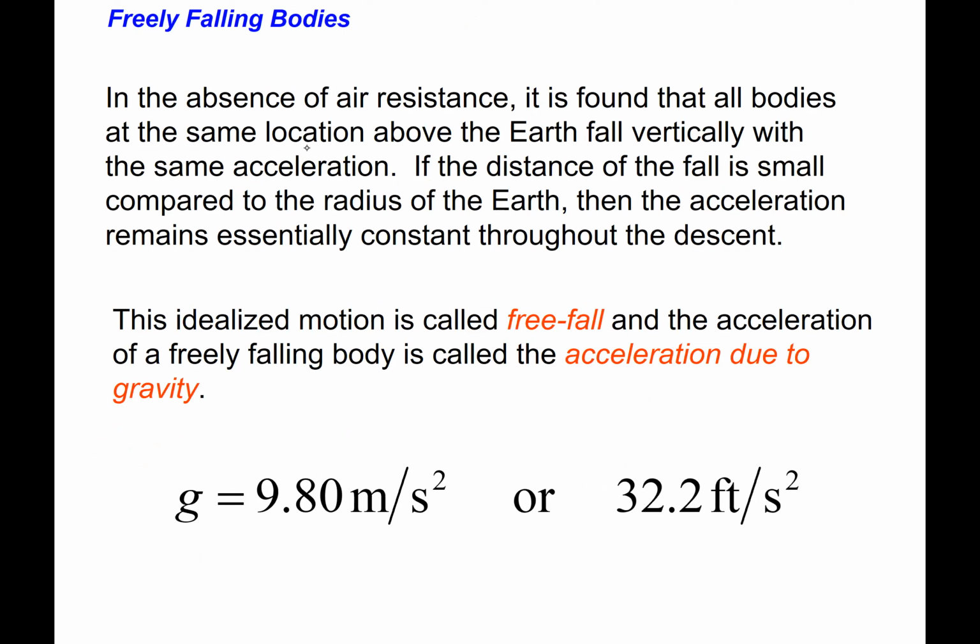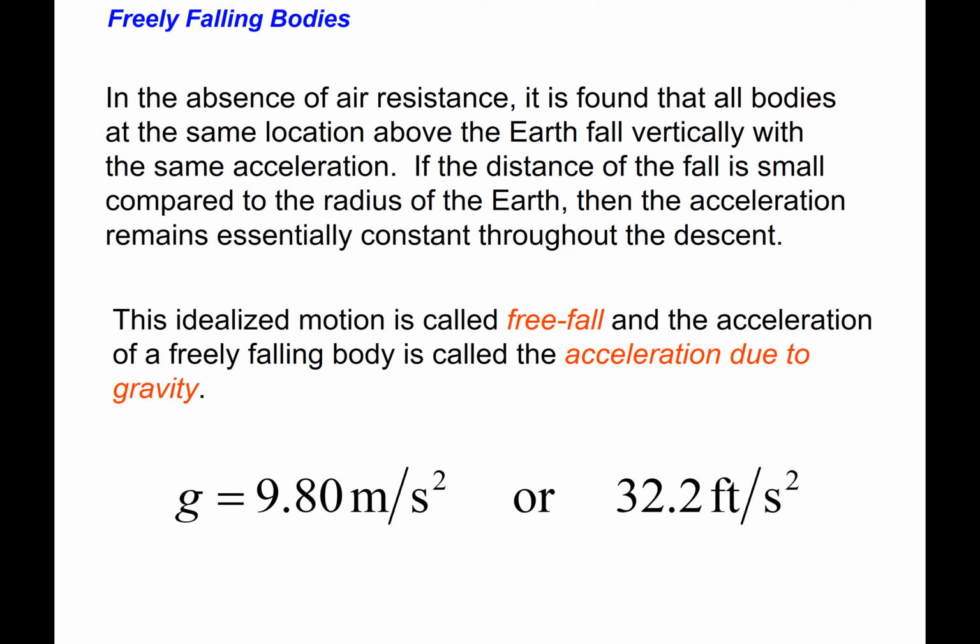Our next concept is freely falling bodies. In the absence of air resistance, it is found that all bodies at the same location above the Earth fall vertically with the same acceleration. If the distance of the fall is small compared to the radius of the Earth, then the acceleration remains essentially constant throughout the descent.